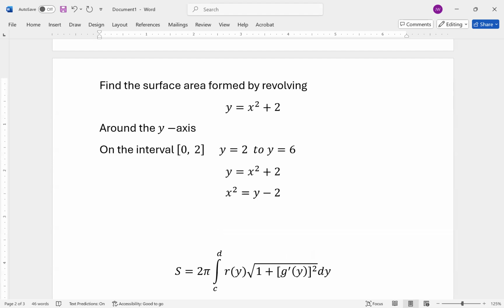Because we're in the first quadrant, I know my x values are going to be positive, so x can be the positive square root of y minus 2. I know I'm going to take a derivative, so I'm going to write that as y minus 2 to the 0.5 power. That's the same as the square root of y minus 2.